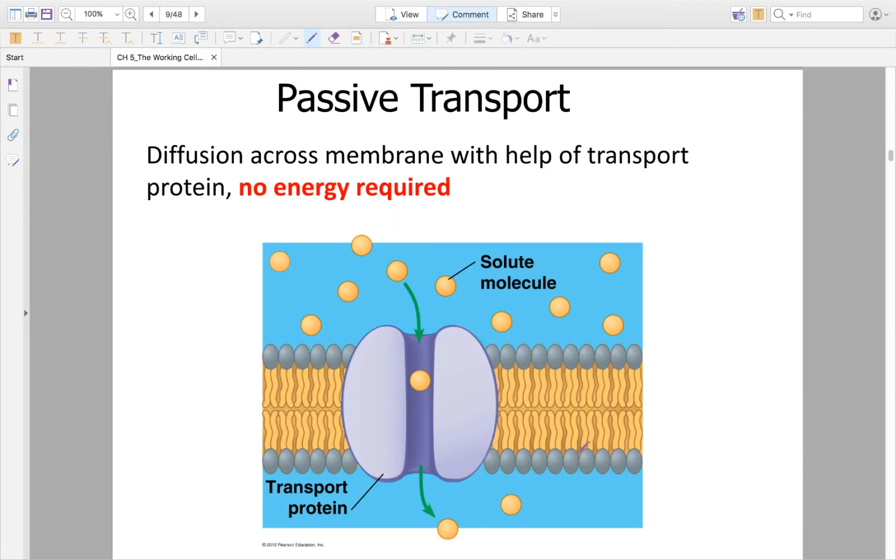Passive transport is when there's diffusion across the membrane, and it requires no energy. We can have regular diffusion, which is just straight through, or we can have facilitated diffusion, which requires a transport protein such as this one in this picture, but the fact is it requires no energy.